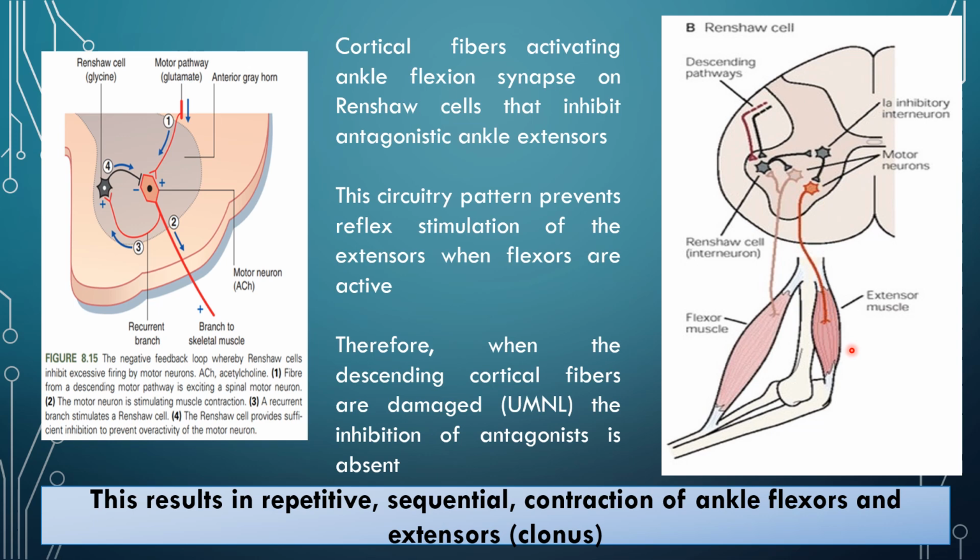We know that when the flexors are active, there will be simultaneous relaxation of the extensors. But in case of spinal cord injury, this inhibition on the antagonistic muscle is absent. So what will be the result? There will be repetitive sequential contraction of ankle flexors as well as ankle extensors. So this is also a cause of clonus in upper motor neuron palsy.